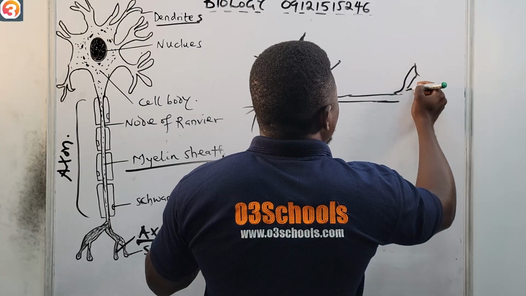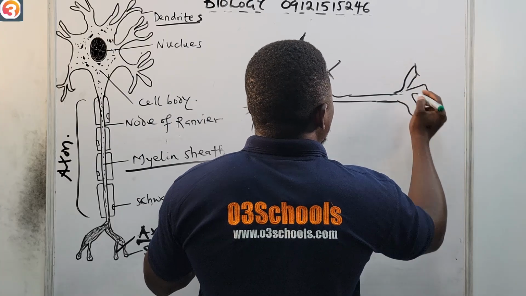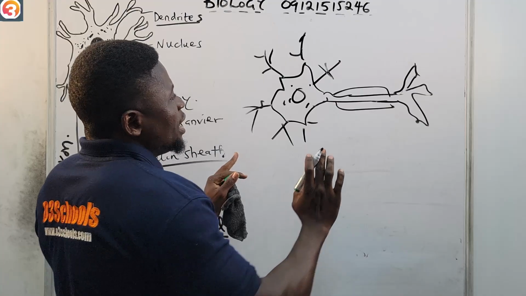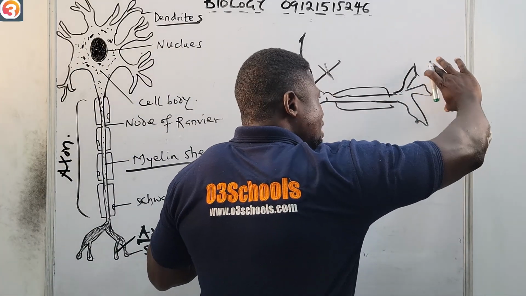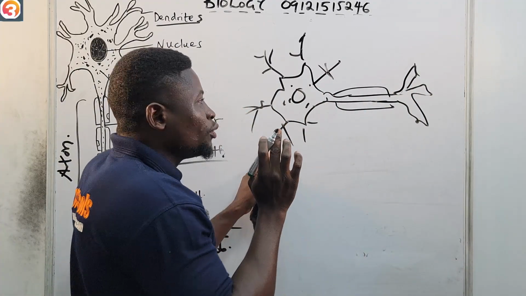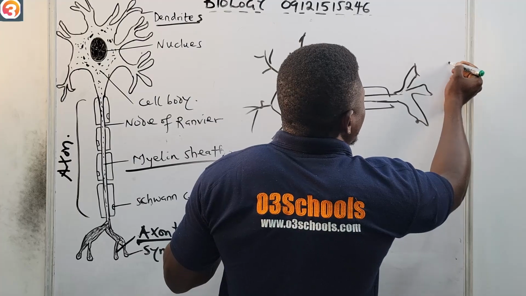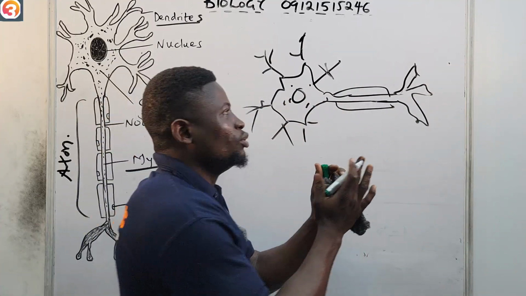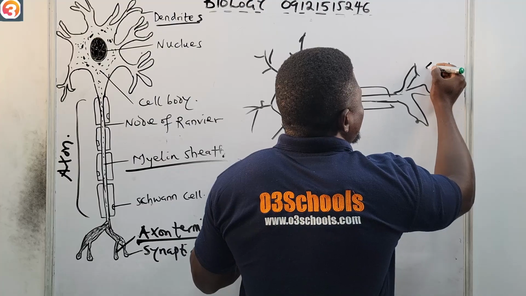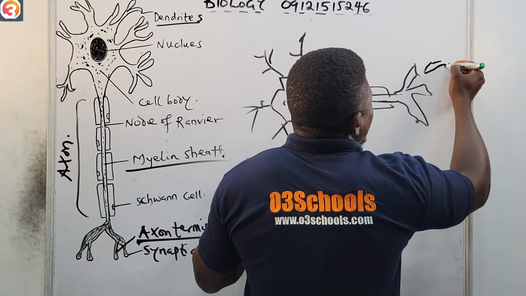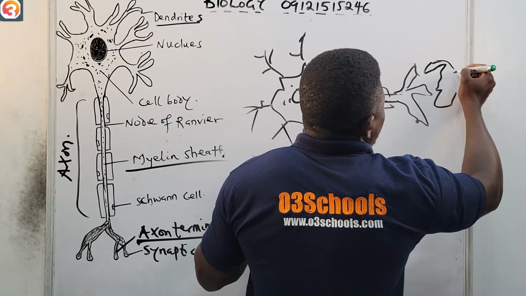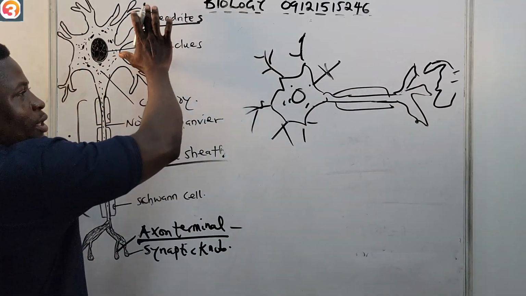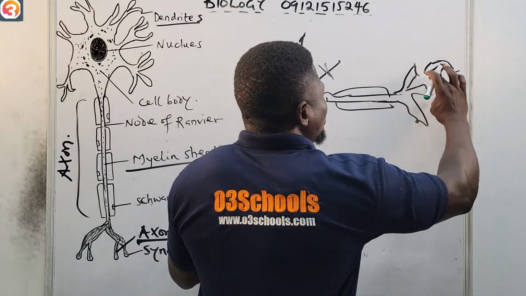So you will not have one like this and another like this. Remember the axons and all of that. If this is one neuron, the next neuron will not begin with this. They are not connected end to end.